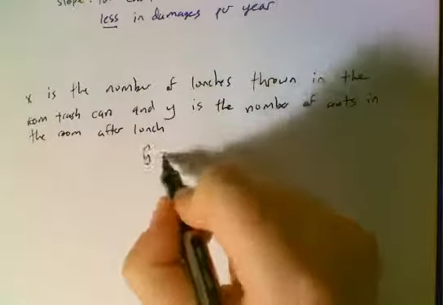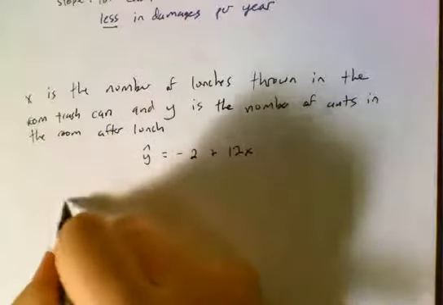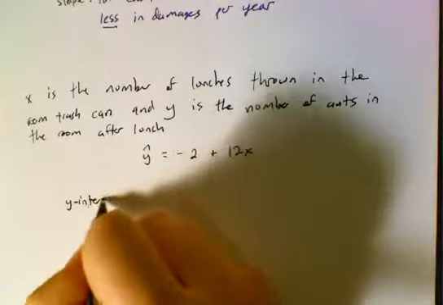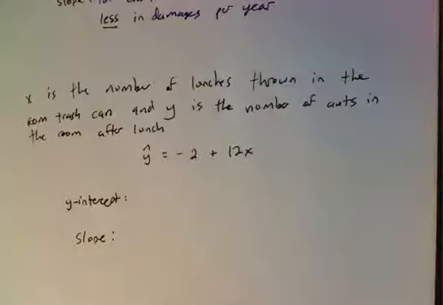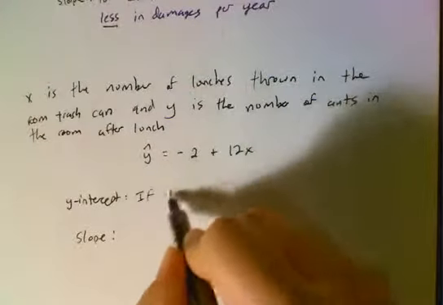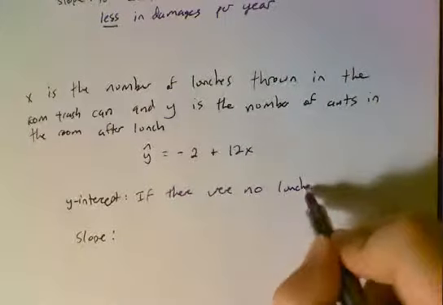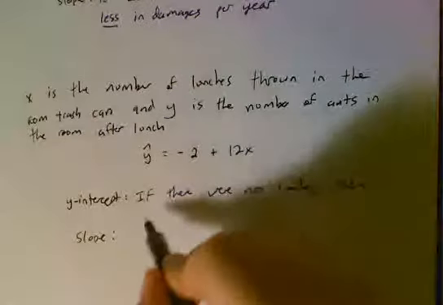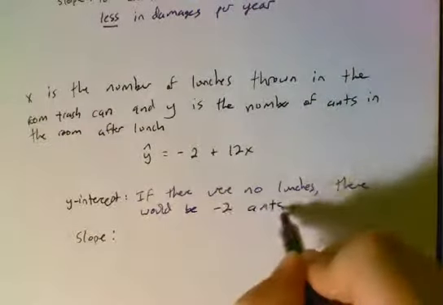If Y hat equals -2 plus 12x, interpret the y-intercept, interpret the slope. So notice if we just go with how we were doing it, we would say the y-intercept here, if there were no lunches, there would be -2 ants.